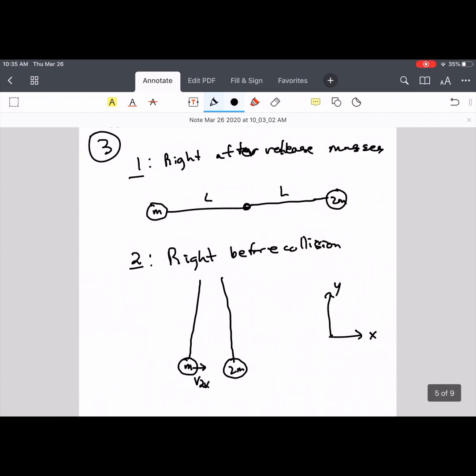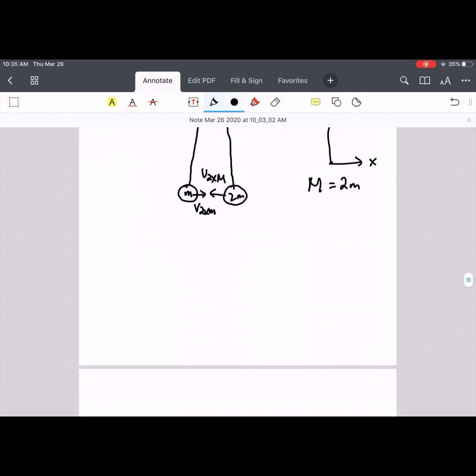Similarly, this is v2x of little m, and our heavier mass will be moving to the left. Its velocity will be v2x, and I'm going to call that capital M for the heavier mass. So I'm just going to define capital M as 2 times little m. And that's what happens right before the collision. They're both moving at each other entirely in the x direction.